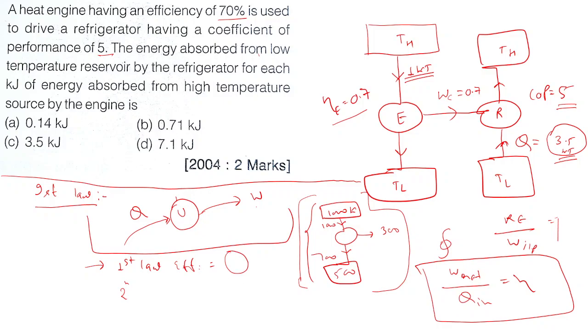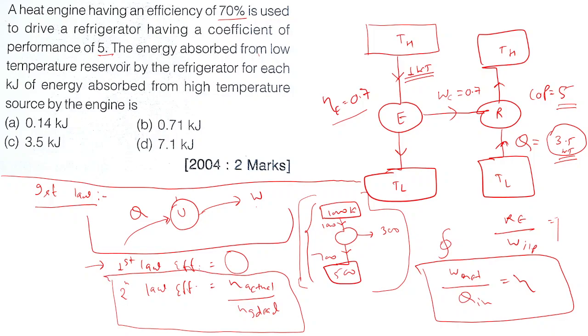So in second law, the efficiency formula is efficiency actual divided by efficiency ideal. Ideal means first law. Ideal means like the Otto cycle you are considering. So in the Otto cycle or diesel cycle, whatever efficiency we currently get with the formula, that is the ideal efficiency.